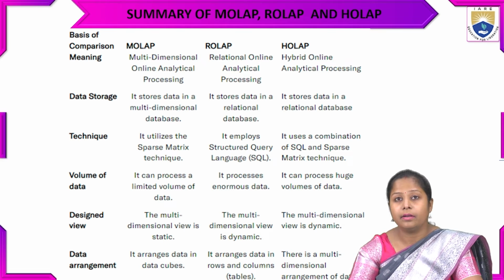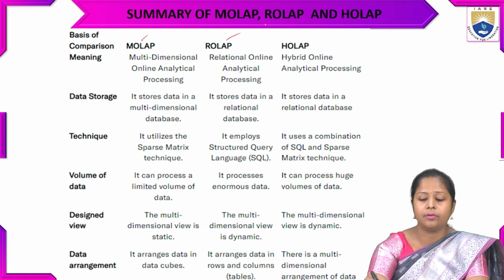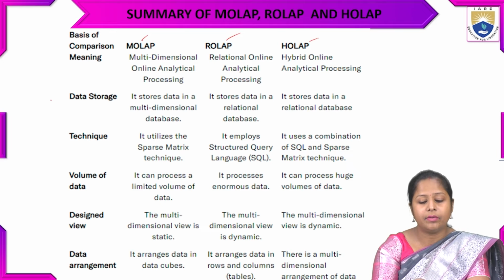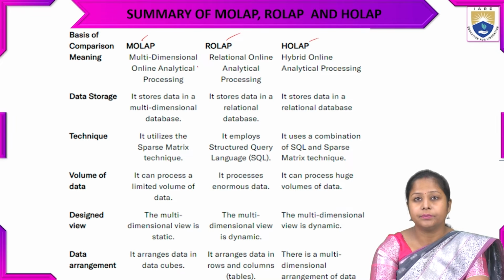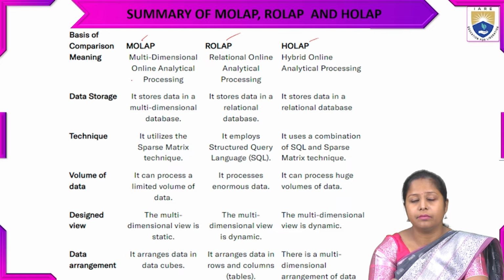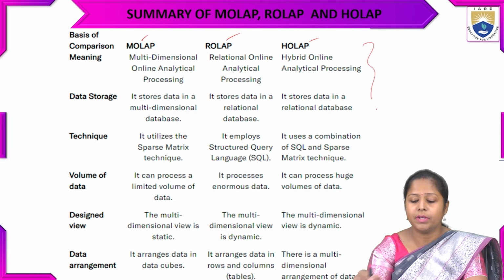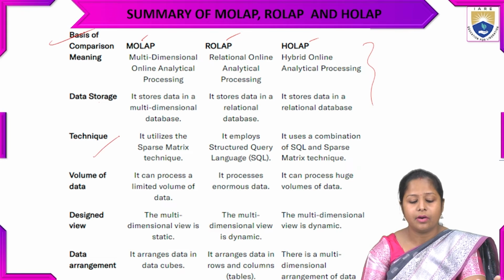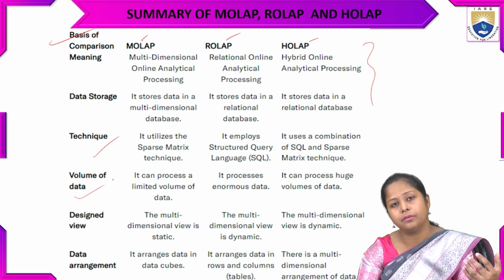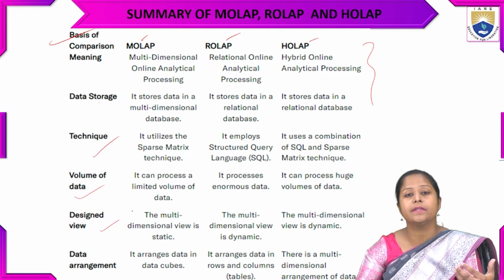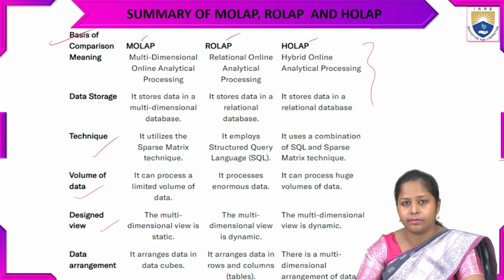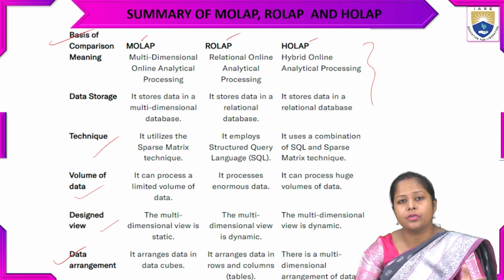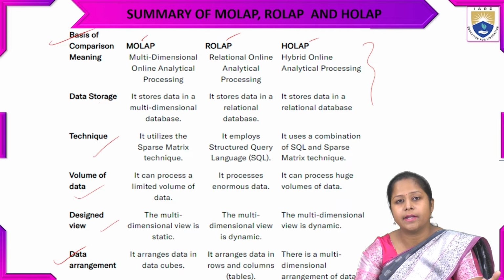In this table, we can see MOLAP, ROLAP and HOLAP divided on the basis of some functions. They are differentiated on the basis of data storage, techniques, how much data is stored, the design view of the architecture server model, and what different data arrangement is going to happen in the architecture planning.